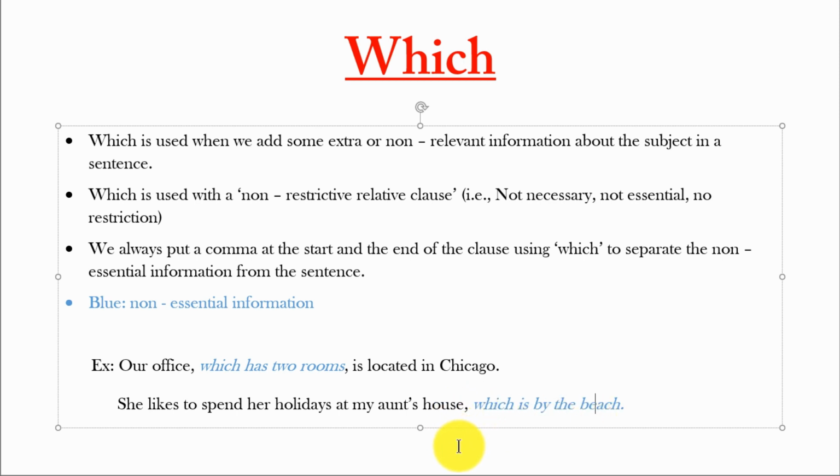One more thing to remember by rule is that whenever we use which to portray such non-relevant or not necessary information, we always separate that clause using commas so that it is apparent in the complete sentence that this particular part is not necessary.